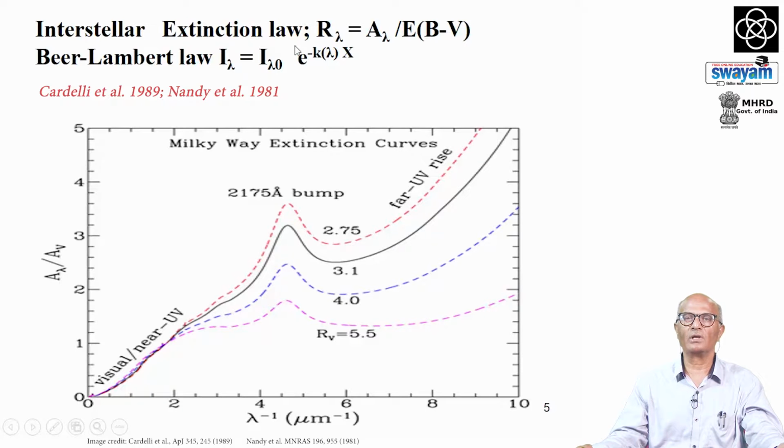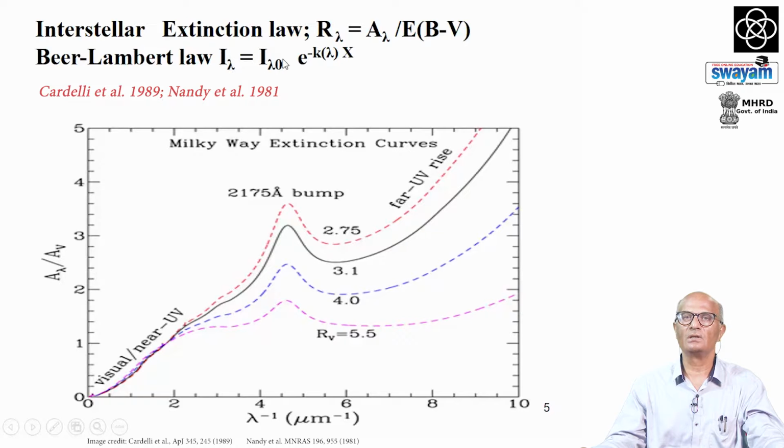And in order to understand how these things work, we know very well in physics there is Beer-Lambert's law, which expresses that if I lambda 0 is the intensity or flux originating from a star, outside the interstellar matter, and then that flux travels through interstellar matter, then we get I lambda as the value.